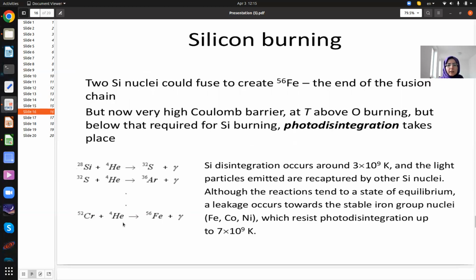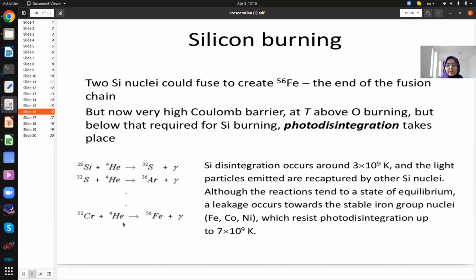Silicon burning. Two silicon nuclei could fuse to create Fe, or iron-56, the end of the fusion chain. But there is a very high Coulomb barrier at temperatures above oxygen burning but below that required for silicon burning, so photodisintegration takes place. Silicon disintegration occurs around 3 × 10^9 Kelvin, and the light particles emitted are recaptured by other silicon nuclei.